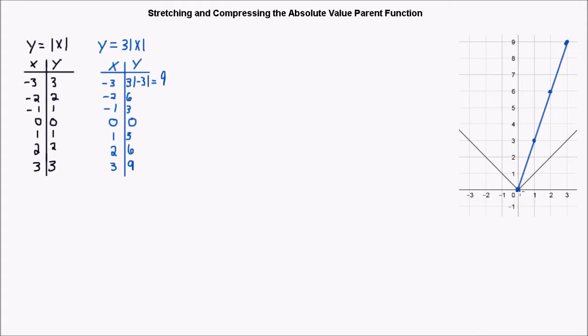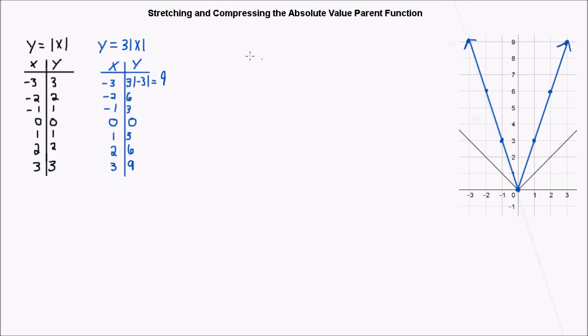And now I'm going to graph the left-hand branch of y equals 3 times the absolute value of x by plotting the points to the left of the vertex, which are -1, 3, -2, 6, -3, 9. So again, I'm just referring to this as the left-hand branch of the absolute value function to make communication a little easier. All right, let's see. Hopefully those line up. There we go.